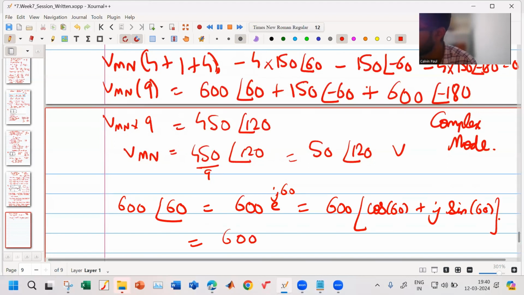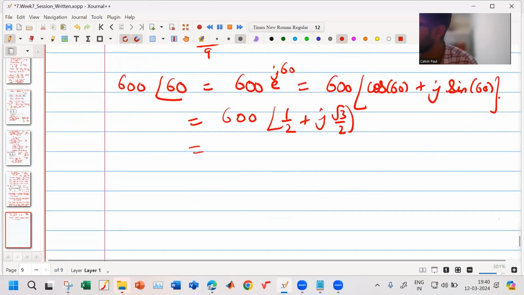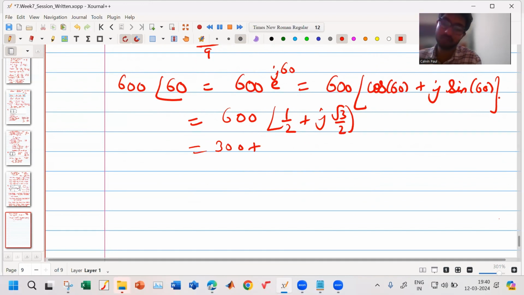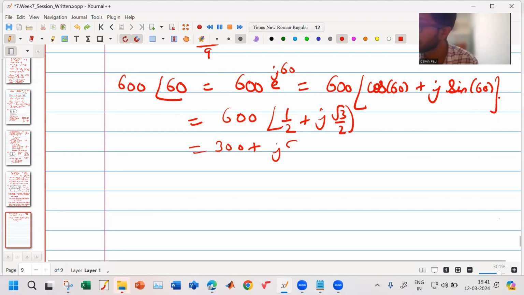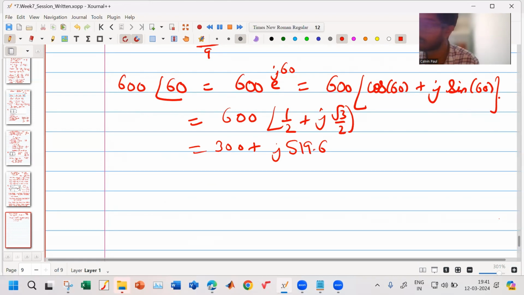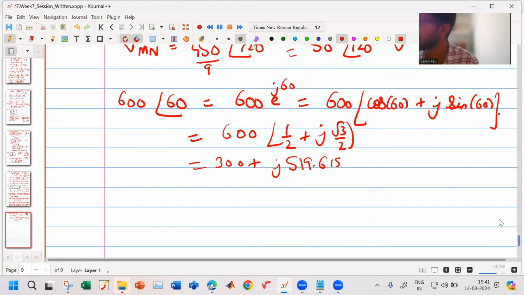That is 600 into half, 300, plus j root 3 upon 2. So that is 300 plus what is 300 into root 3 by 2? 259.8. Okay, fine.